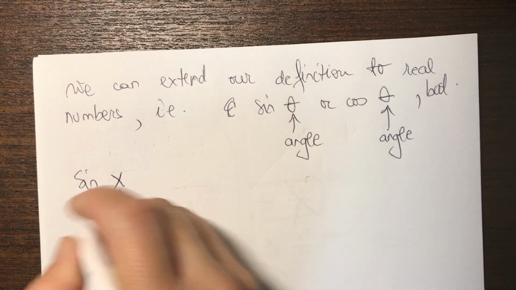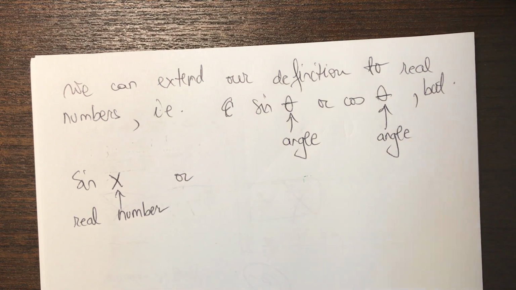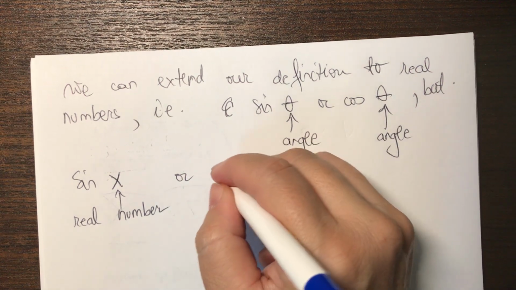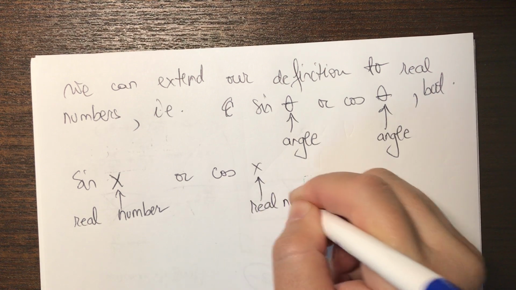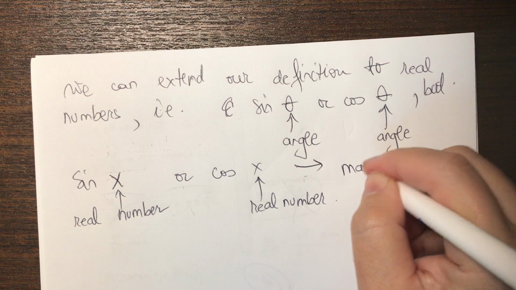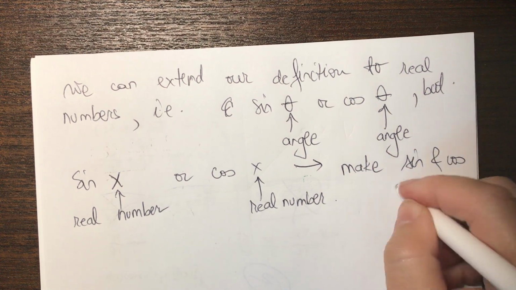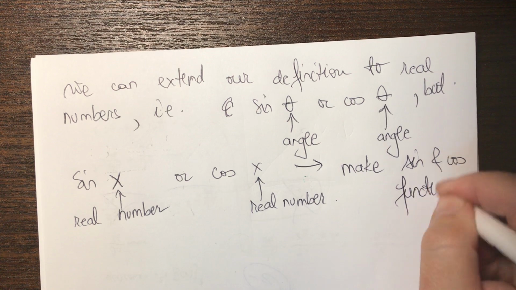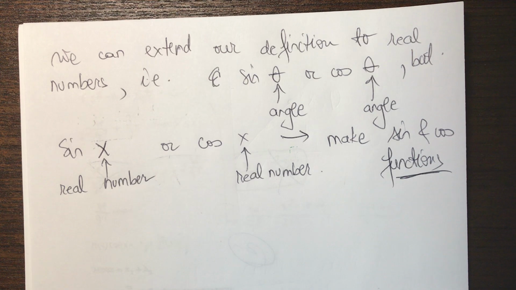And what kind of number do I want? A real number, or cosine of a real number. Because that's ultimately what our goal is. We want to make sine and cosine functions. So our input should not be an angle, it should be a number.